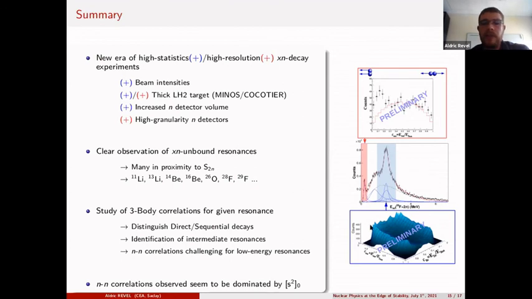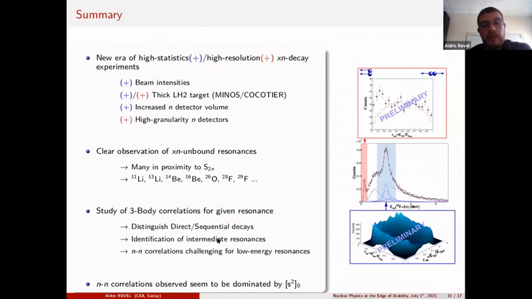But similarly to the talk from Bob Charity, where you could observe both signatures of direct and sequential decay in 2 proton decay, we also see some signal at low epsilon n in this case. So of course, all this is preliminary and it's in progress.